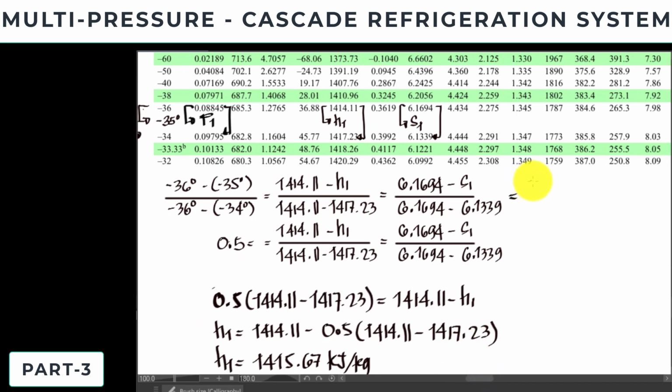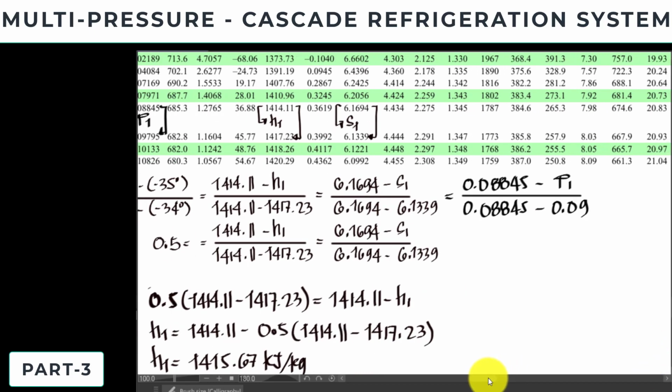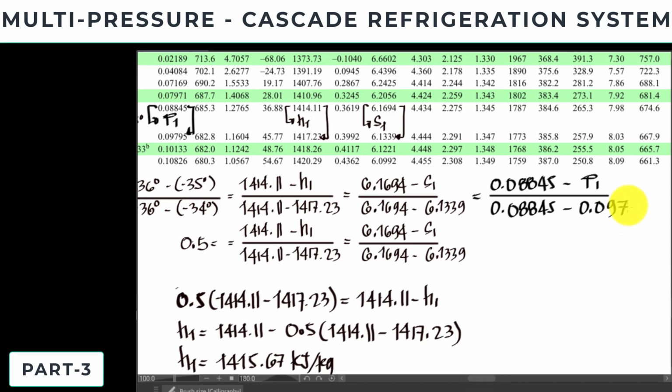That will be 0.08845 minus p sub 1, all over 0.08845 minus 0.09795.